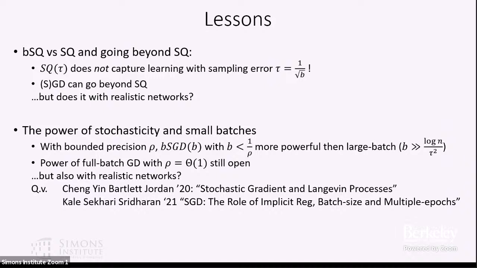There are several papers that show that in principle you could gain. The paper by Chengin and Bartlett and Jordan showed that the implicit bias can be affected by stochasticity in interesting ways. And another super interesting paper by Sakari, Kali, and Sridharan, a recent paper, showed that for a certain type of stochastic convex optimization problems, they're actually learnable using stochastic gradient descent, but not learnable using ERM in a very strong way.